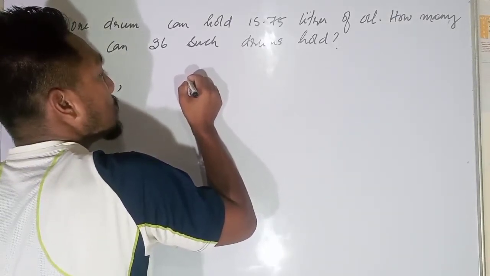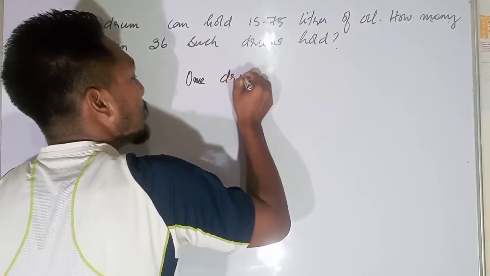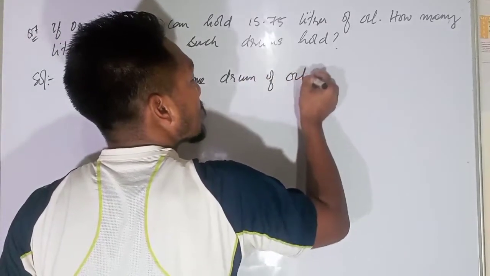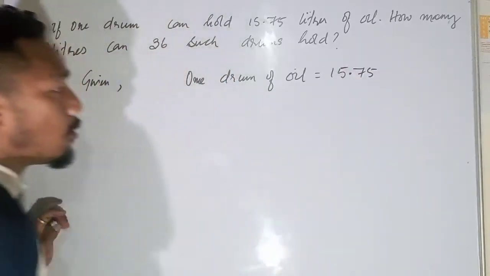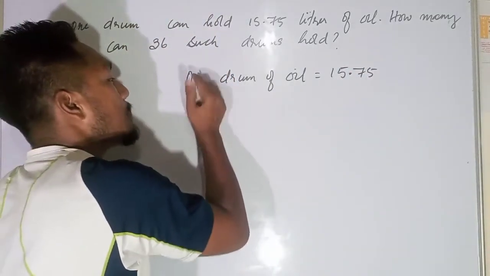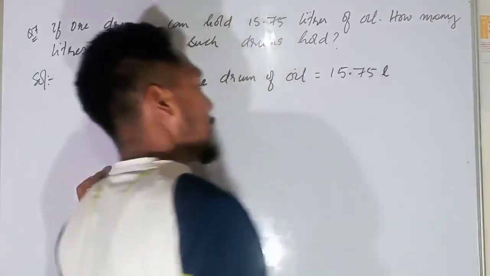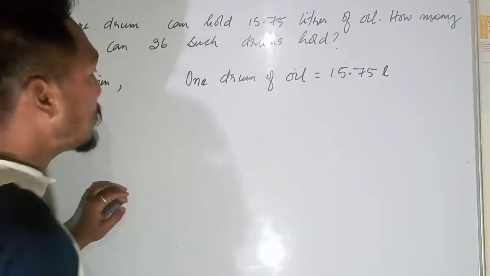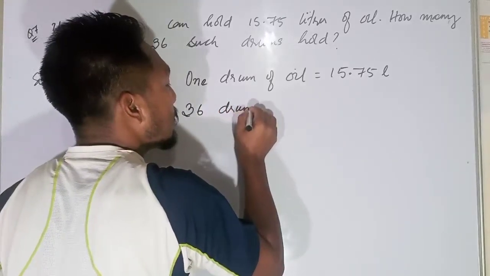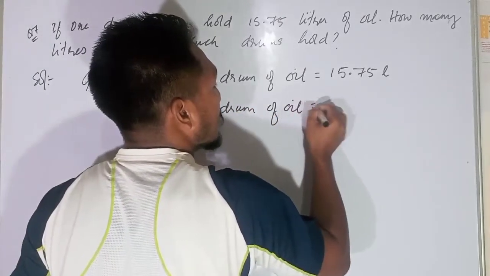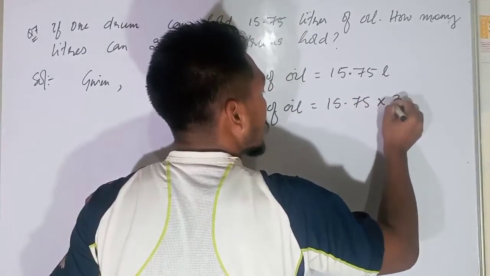1 drum of oil is equal to how much? 15.75. Okay, 1 drum can hold that. So 1 drum is equal to 15.75 liters. Okay, now 36 drums of oil is equal to how much? 15.75 into 36.